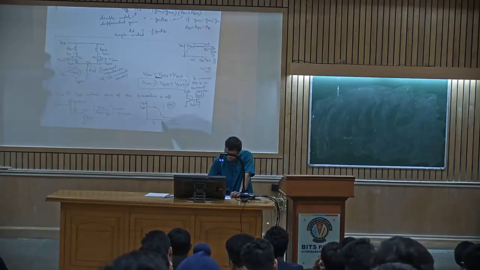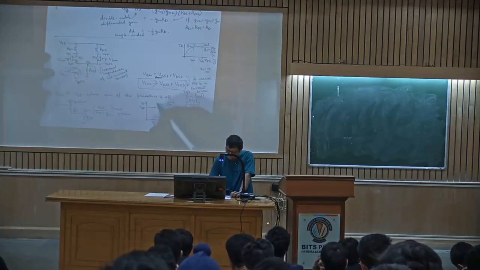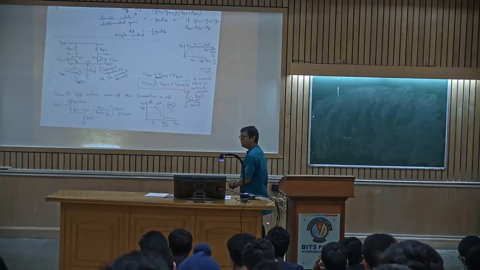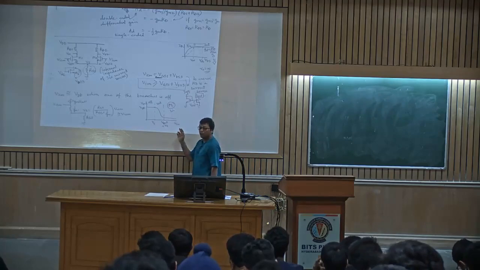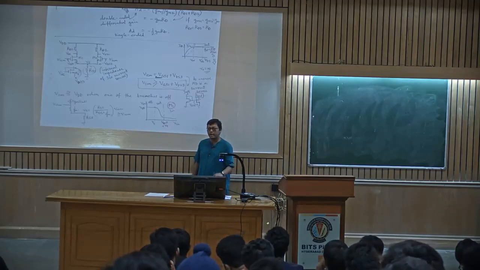What is this? VDS, let us say Vout plus VT. So this is the saturation region, off region, and this is the linear region. We have seen that many times. Transfer characteristics of a simple transistor, not an amplifier.